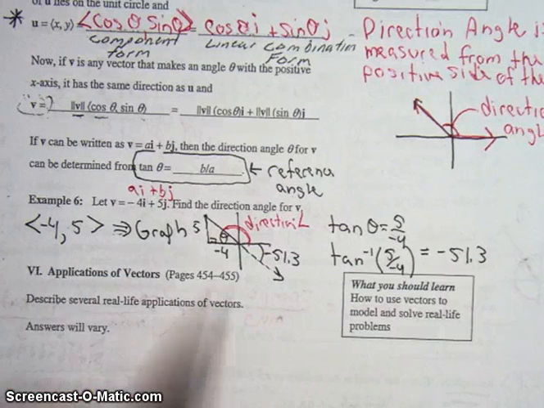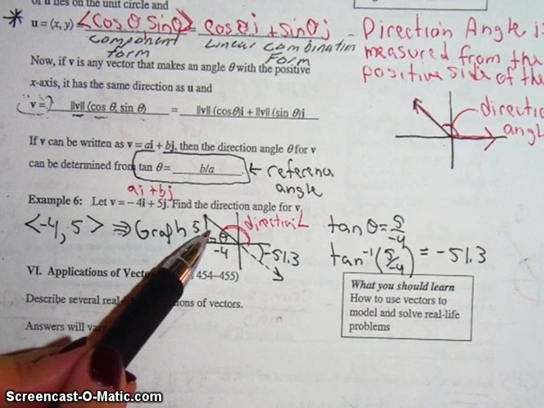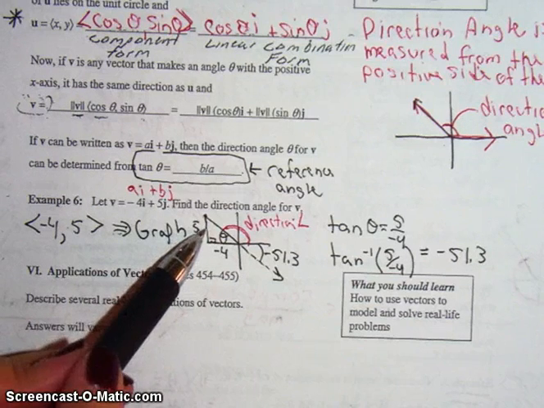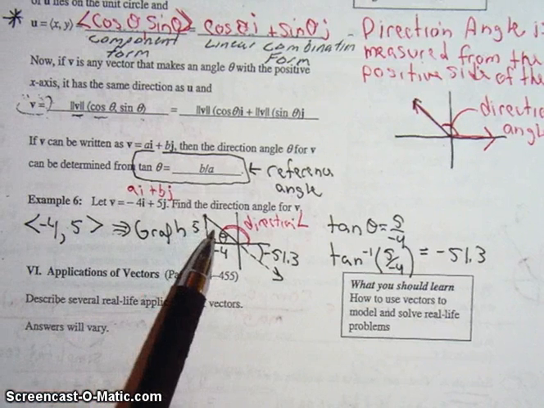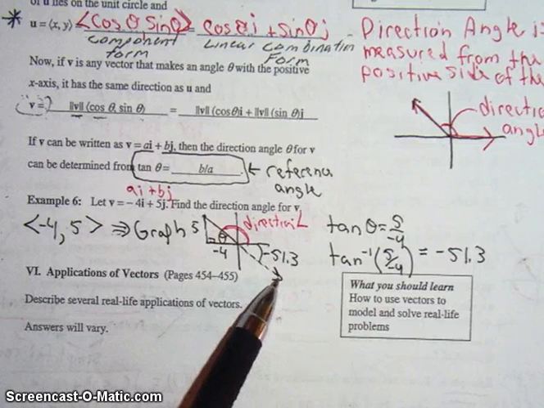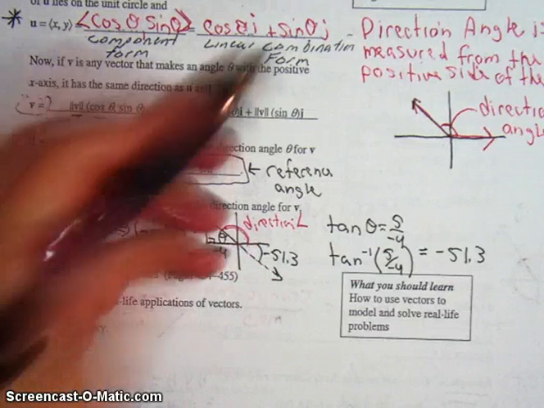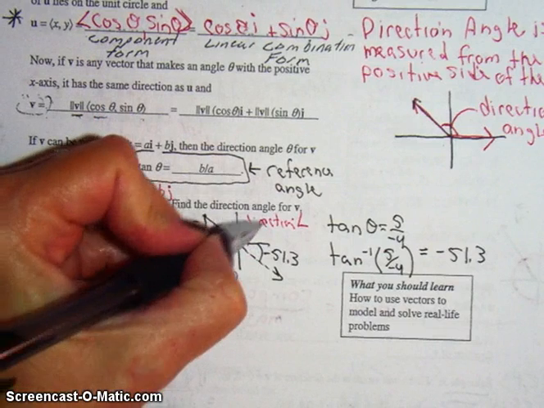We want our direction angle to be over in this quadrant. So the easiest way to get it over into quadrant 2 as opposed to quadrant 4 is using reflections from geometry. So I'm going to take the negative 51.3 and reflect it into quadrant 1.